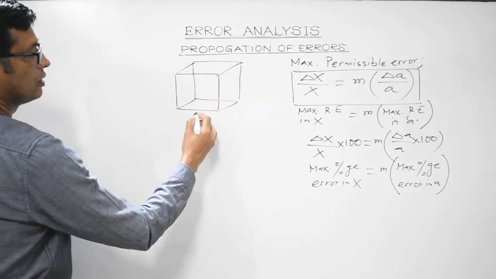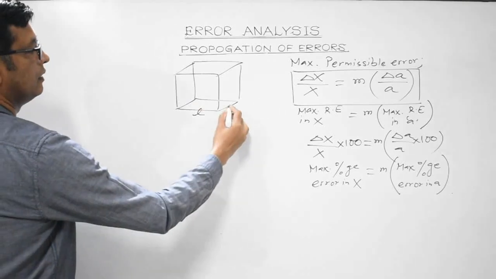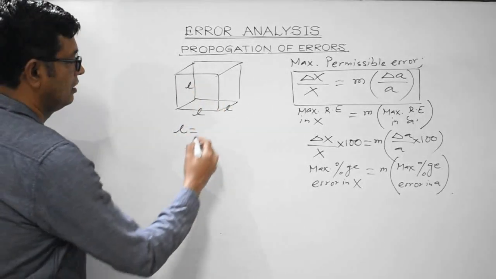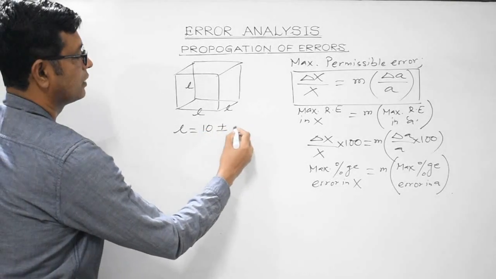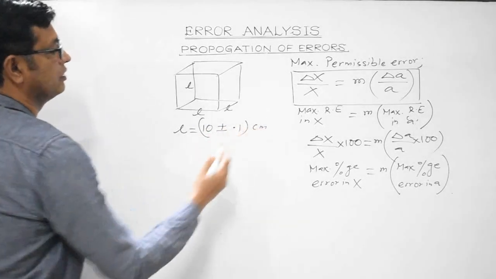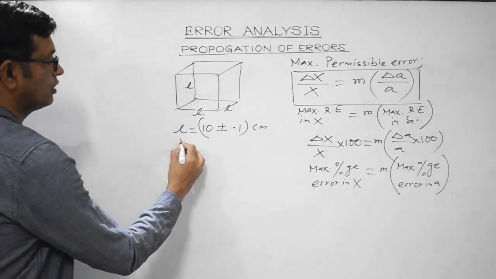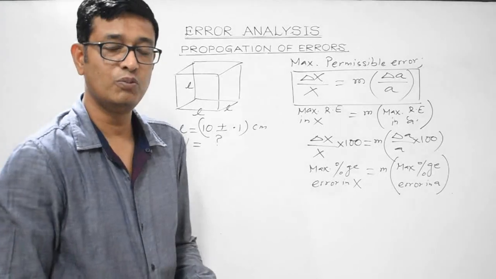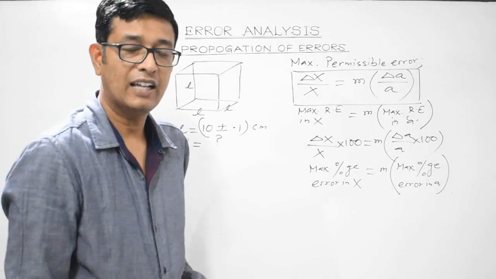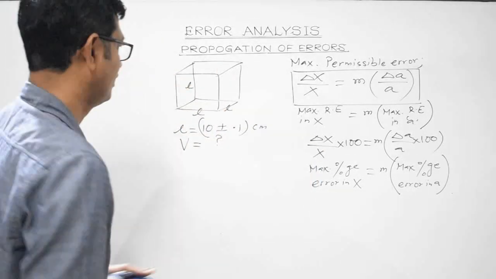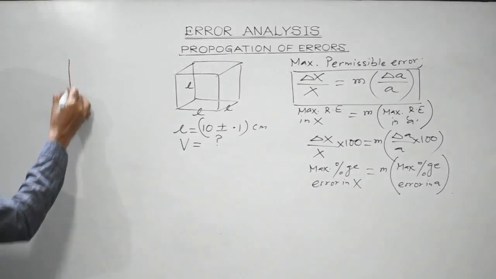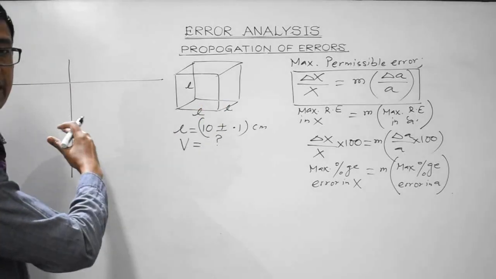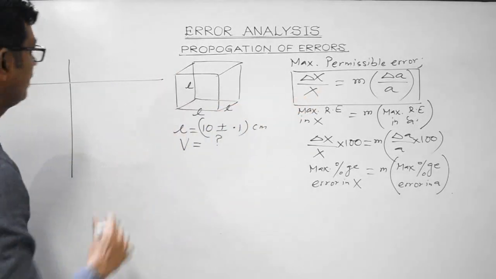Its side is suppose L, and its side is measured to be 10 plus minus 0.1 centimeter. Find out its volume and express the volume both in terms of absolute error as well as percentage error. Let's see. So students, again we need to divide it into two parts. True value is dealt separately and the errors are propagated separately, right?